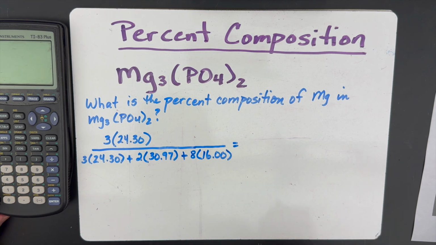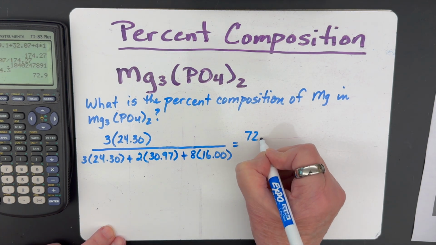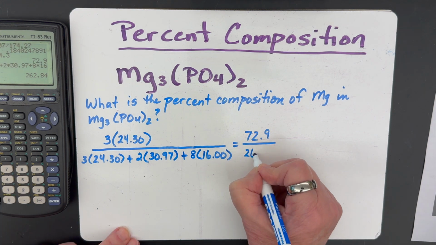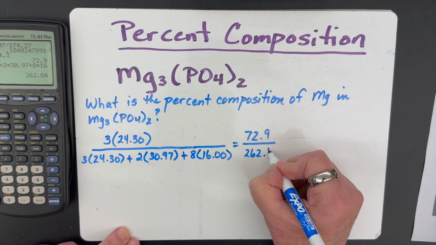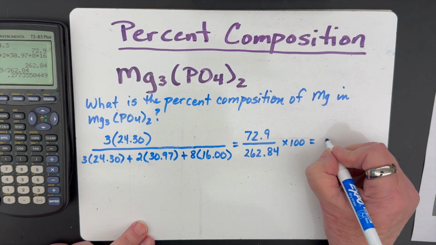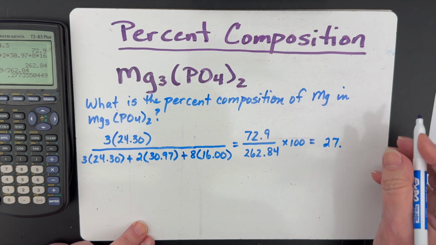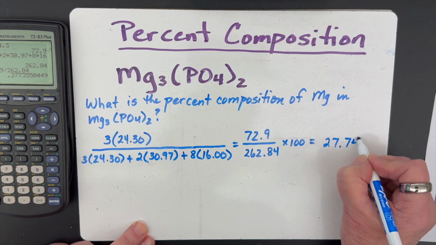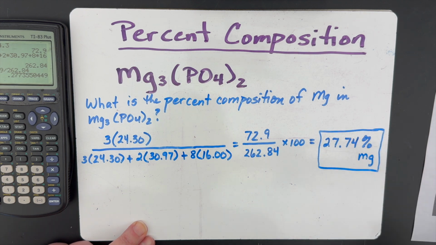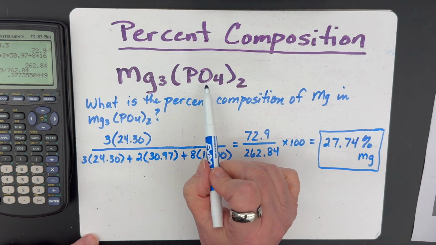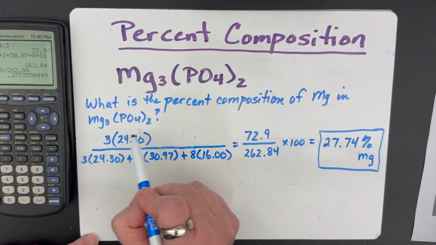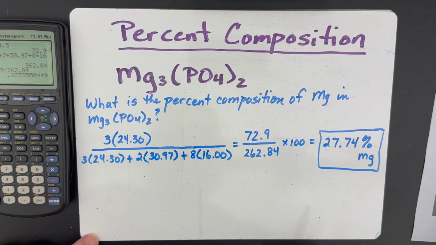This is going to be 72.9 divided by 262.84 times 100, which is 27.74% Mg. If you were asked for, for example, oxygen, then you would put the mass of 8 oxygens on top, and the bottom would stay the same.